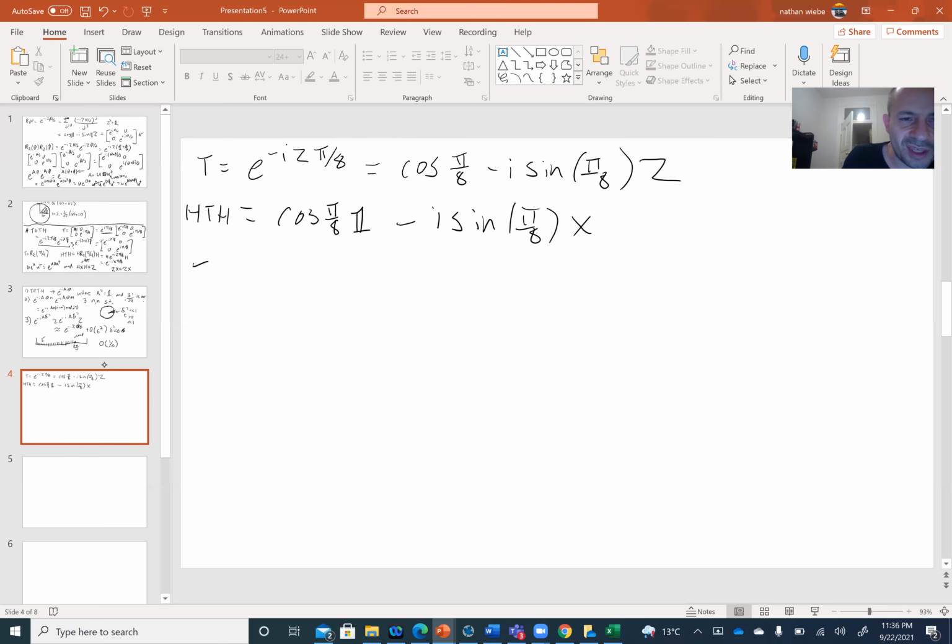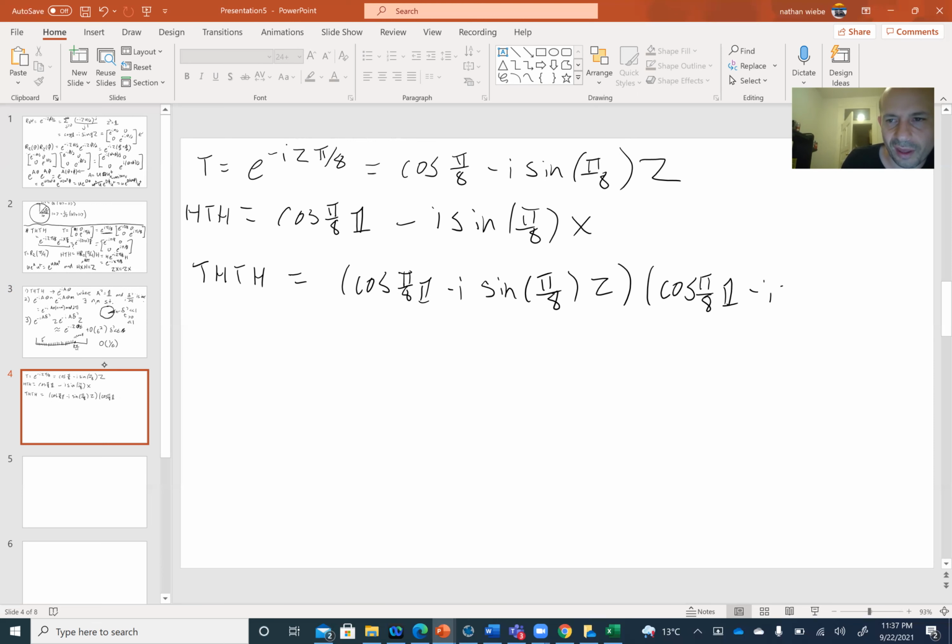So THTH is equal to cosine pi by 8 identity minus i sine pi by 8 Z, times cosine pi by 8 identity minus i sine pi by 8 times Pauli X.